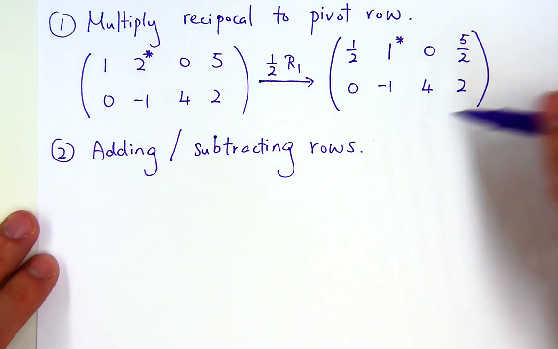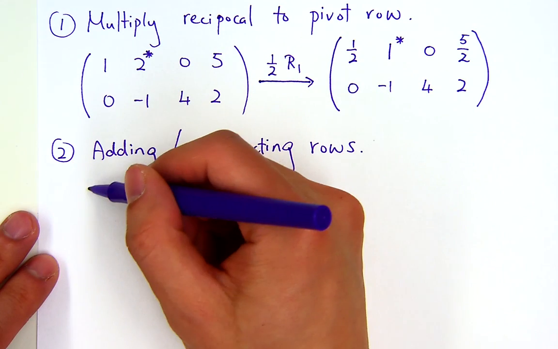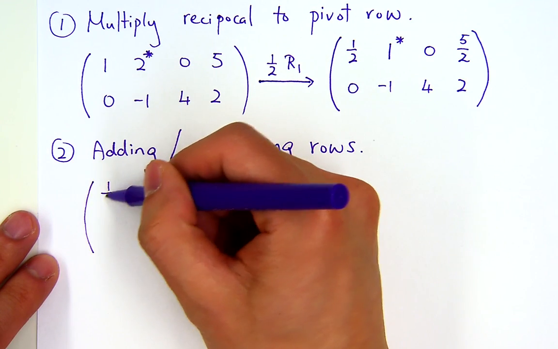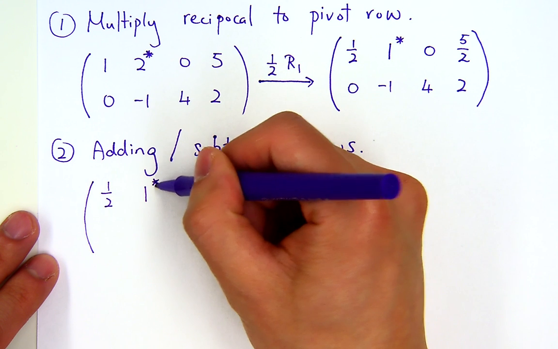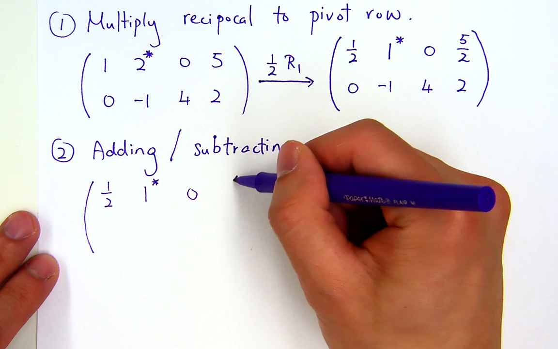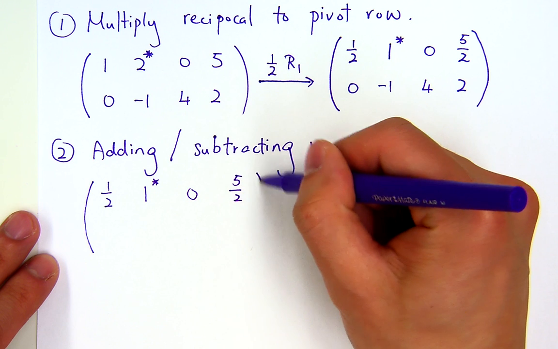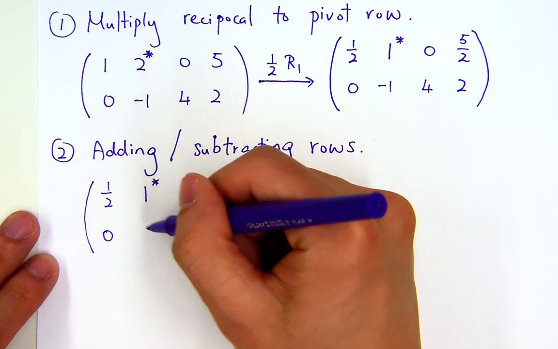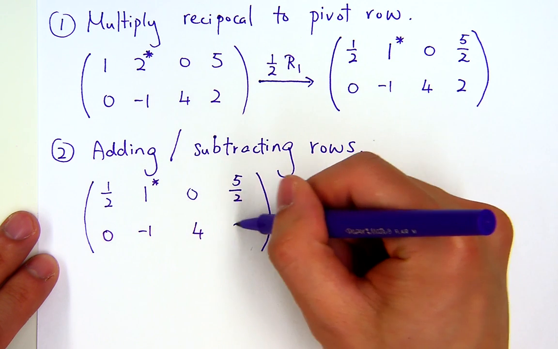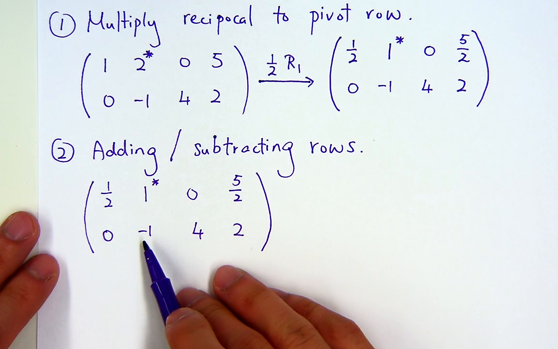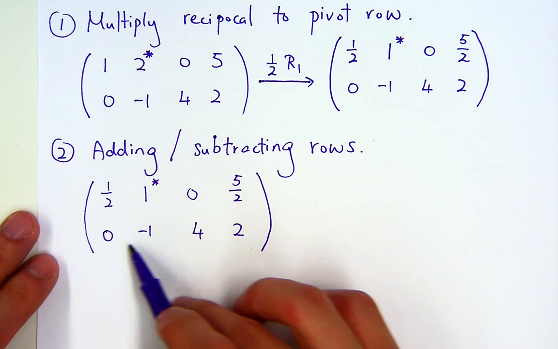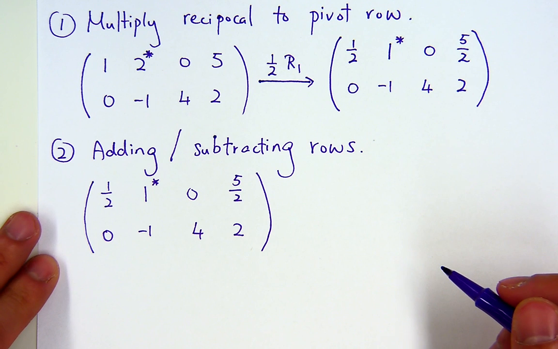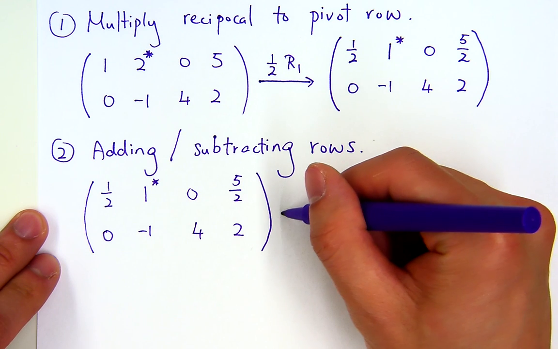So let me try to continue with this particular example. We are still pivoting at this one right there, and we want to turn this entry, -1, into a 0, because this is our pivot column. But how can we do it?